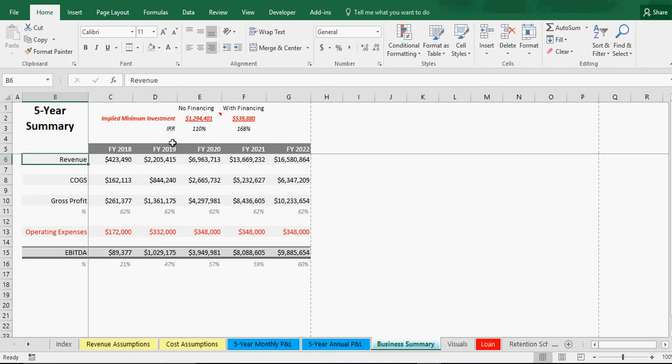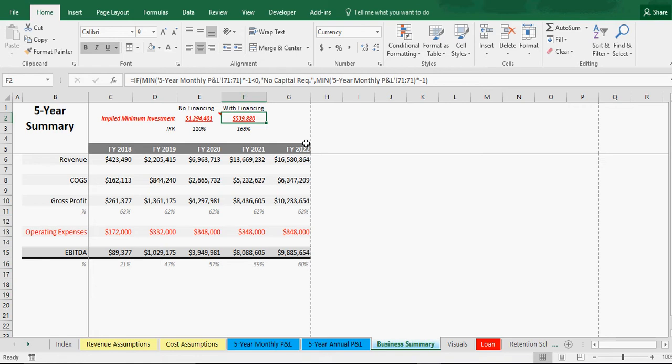Now we get a little bit more complex with the implied minimum investment. So this is saying without financing, in order to stay alive, you need $1.3 million of capital. And with financing, you only need 540. And you can see, and this is the case normally, when you finance, your internal rate of return goes up because generally you're getting a higher rate of return on your capital than you're paying in interest.